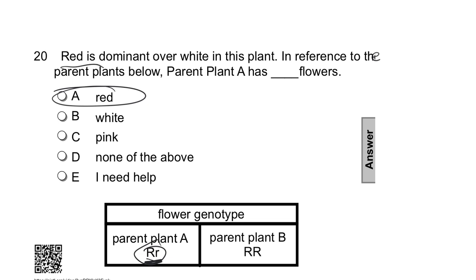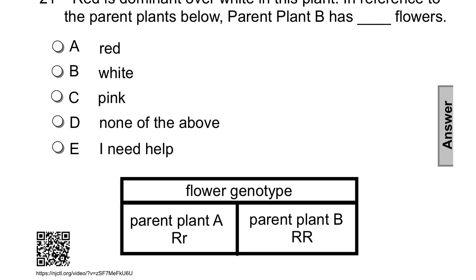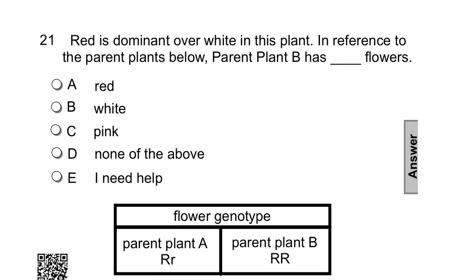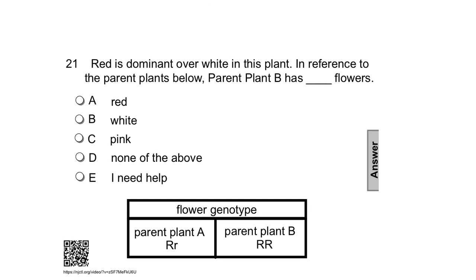I'm assuming that this is complete dominance. Now, some traits are incomplete dominance, as we'll find out coming up, and so it could be pink, but it says completely dominant. I assume it's completely dominant, not incompletely dominant. Red is dominant over white, completely, I guess. Parent B has red flowers too.